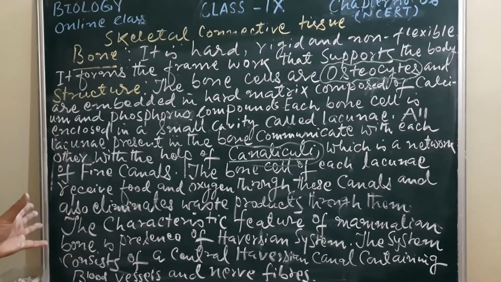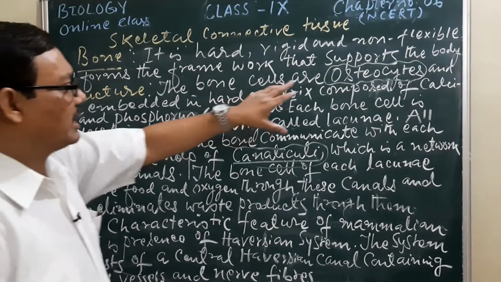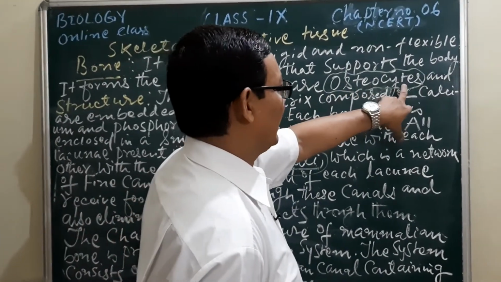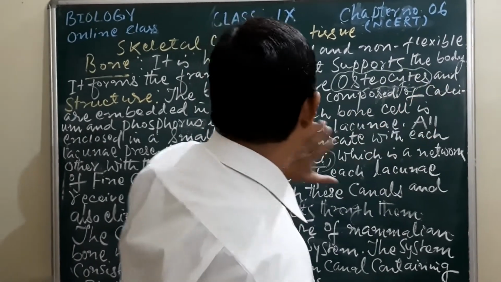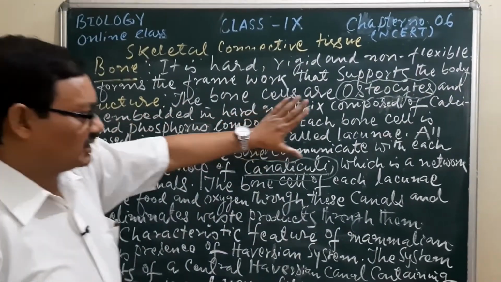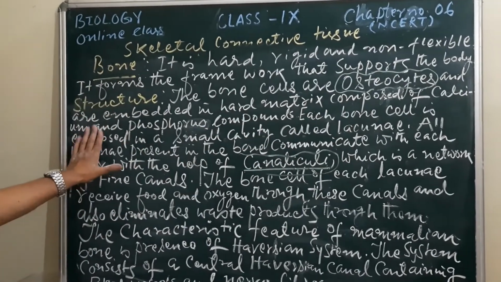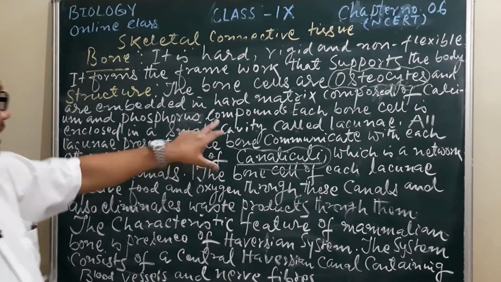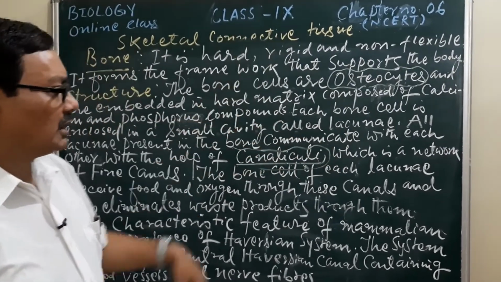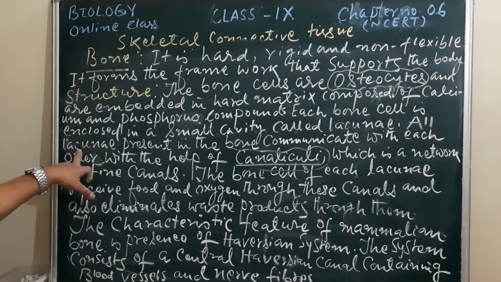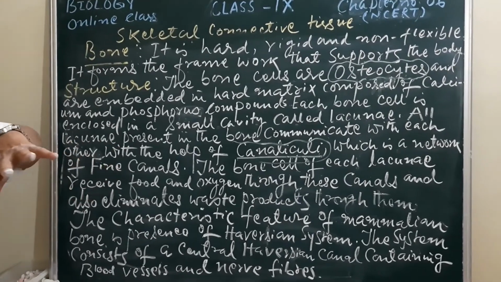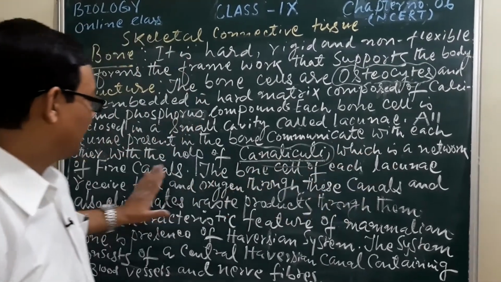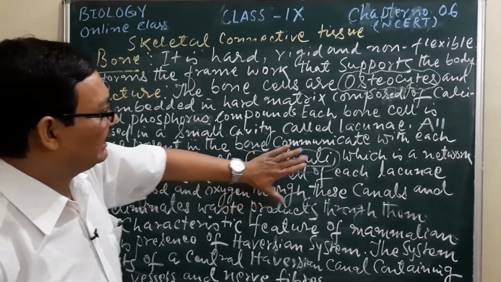So this is the structure of the bone, where you may see that osteocytes are the cells. The matrix is a hard matrix composed of calcium and phosphorus, and each bone cell is enclosed within a lacuna, like that of the cartilage, and all lacunae communicate with each other by the fine network of canals, that is known as canaliculi.